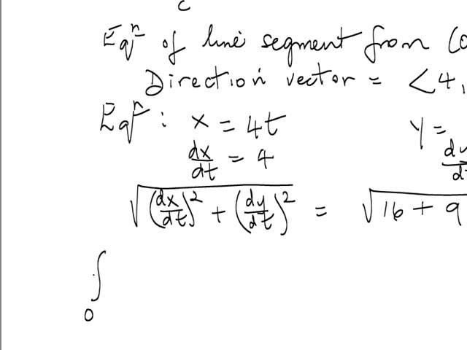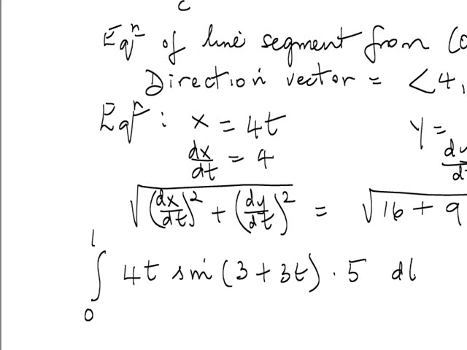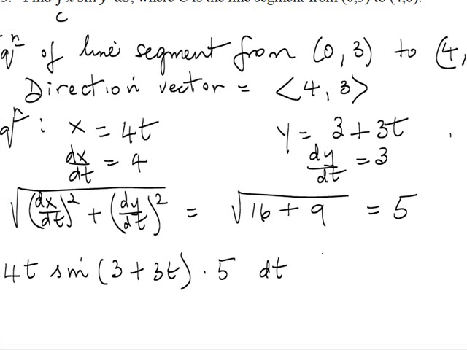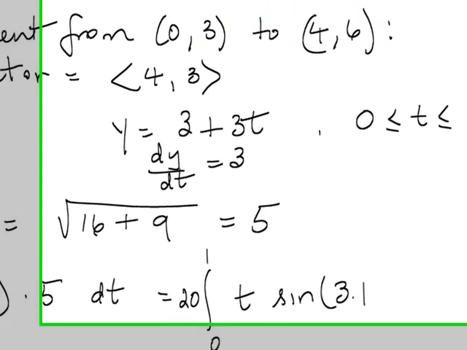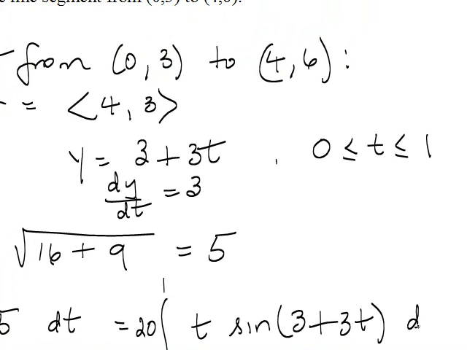You have the integral from 0 to 1, x is 4t, sine y is sine of 3 plus 3t, and we multiply by 5 dt. Let's simplify that. Let's put 20 outside, 4 times 5 is 20. The integral from 0 to 1 of t sine(3 plus 3t) dt.